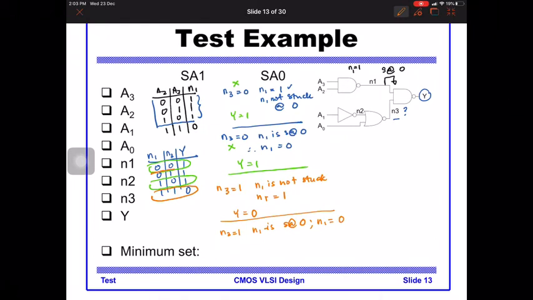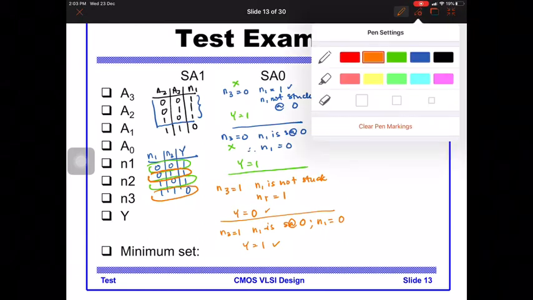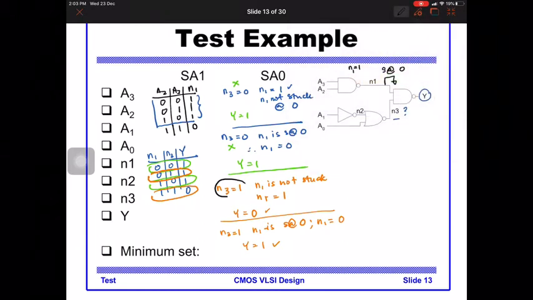Then Y is equals to 1. As you can see here when N1 is not stuck, Y is equals to 0. When N1 is stuck, Y equals to 1. So this Y value changes. So this means this value is actually a good value. N3 equals to 1 is okay, right? So you want N3 to be 1.